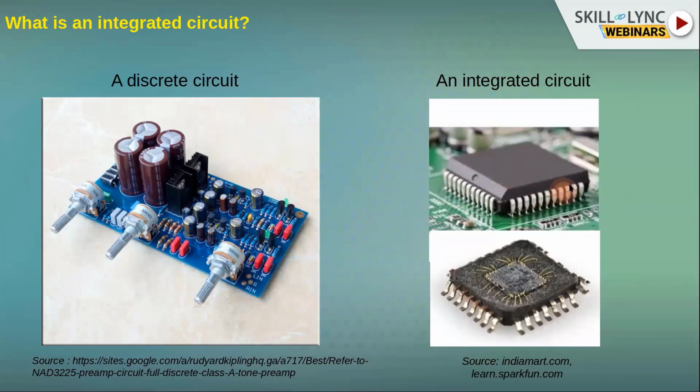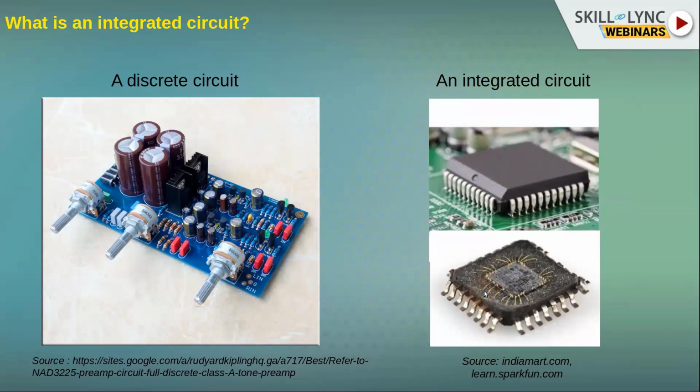What we generally see as an IC is this one, which is not exactly the design. It is the packaged version of the chip that we commonly see. Down here you can see a packaged chip opened up, and you can see the die. It's called a die, where the design actually sits. It's implemented in silicon.